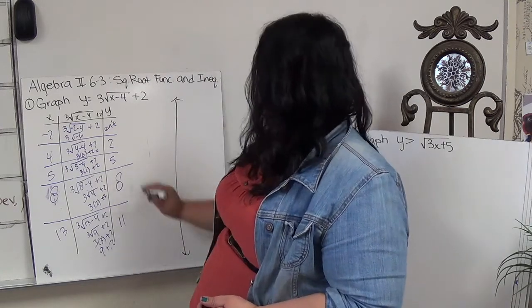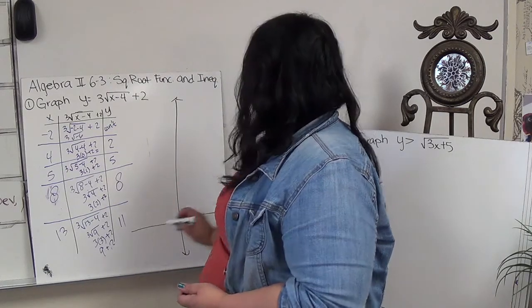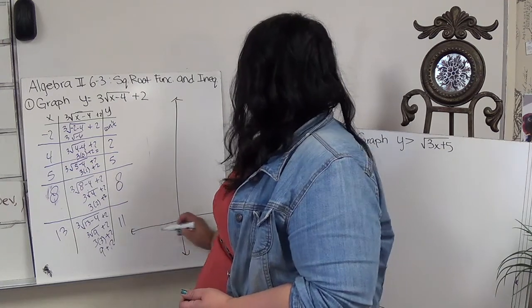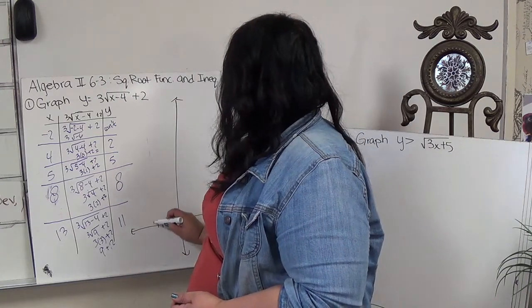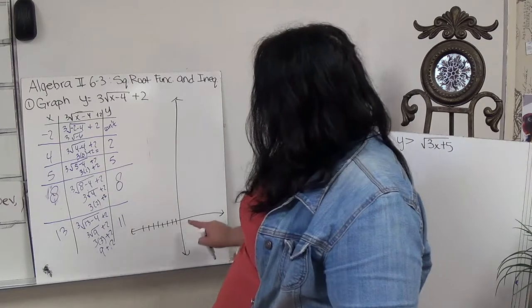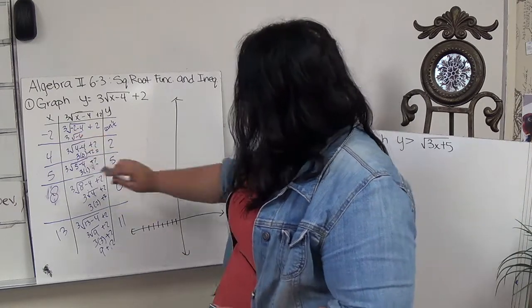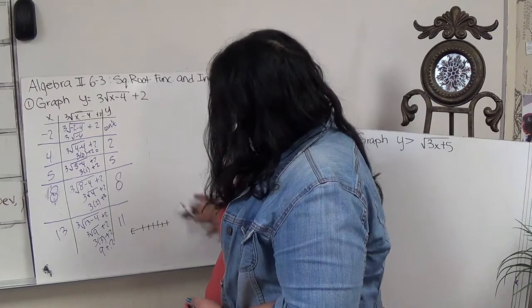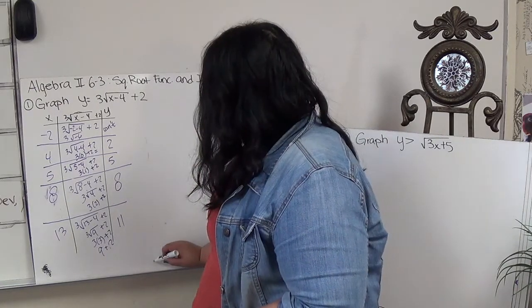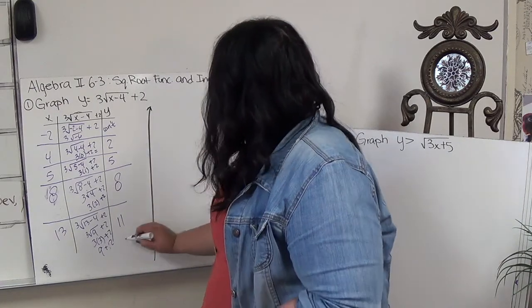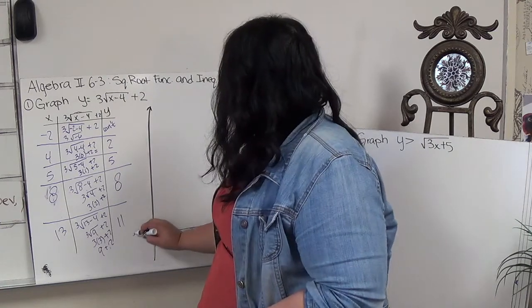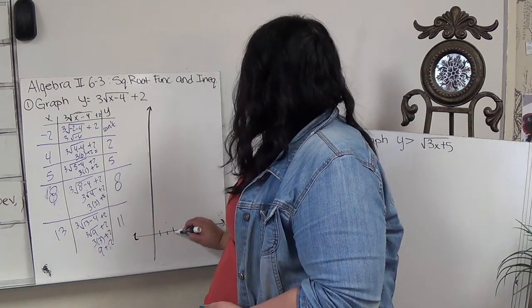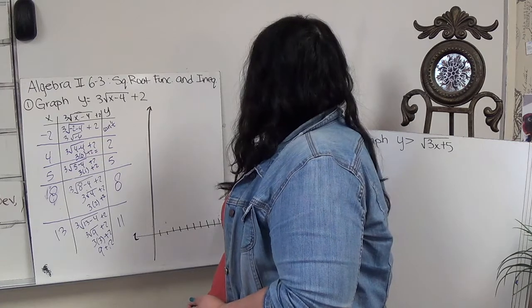This seems to be all positive, so I'm going to make it look like this. 1, 2, 3, 4, 5, 6, 7, 8. There are no negatives here either because I couldn't do that. So everything's positive. Then 1, 2, 3, 4, 5, 6, 7, 8, 9, 10.